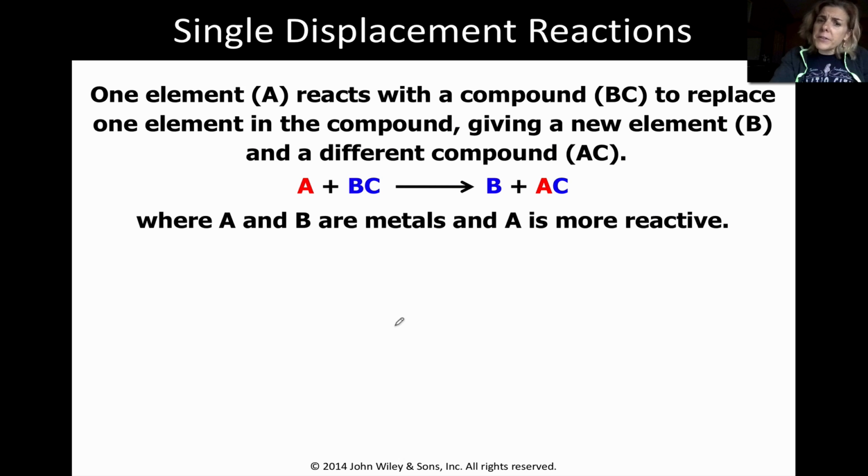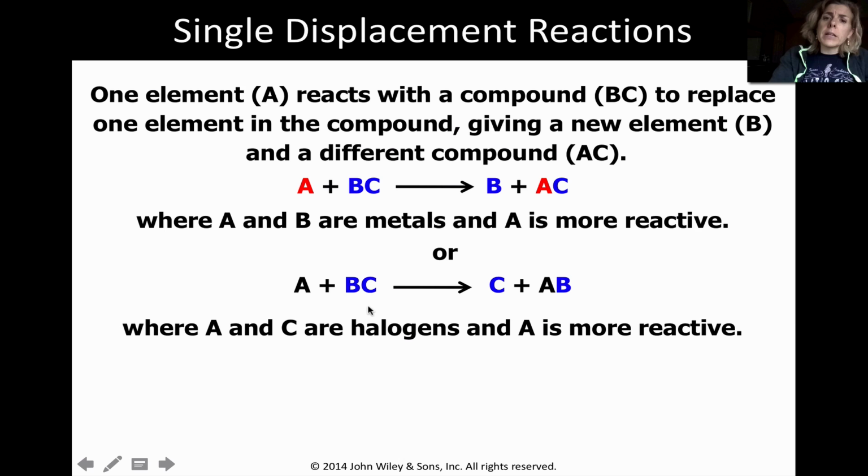In order to understand this, I'm going to give you a special table to help you figure out whether or not this works. You need to know how reactive the two elements are that are switching places in order for this to take place. Notice it could be either a metal or a halogen that is switching place.